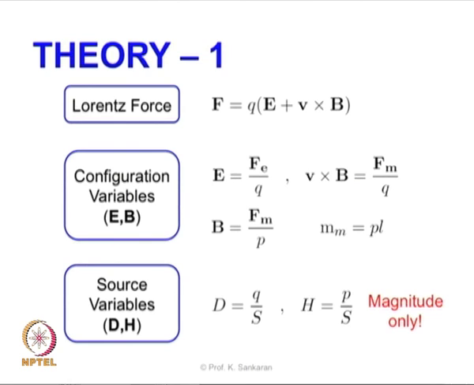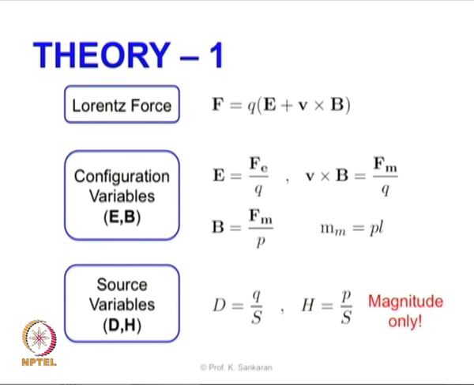So you can see here I have used the term magnitude only because I want to associate D and H. Similarly, H can be related to the magnetic pole strength, what we have defined here, divided by the surface. A word of caution to be exercised here.